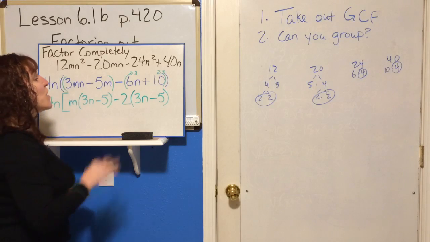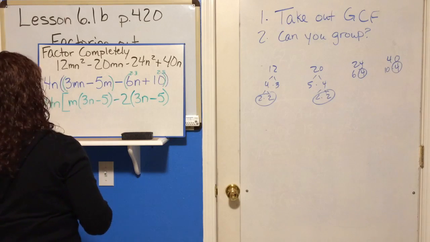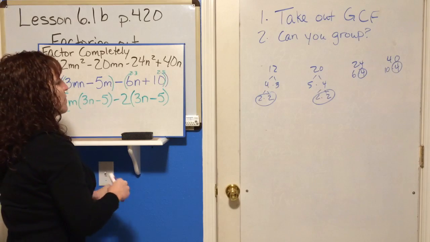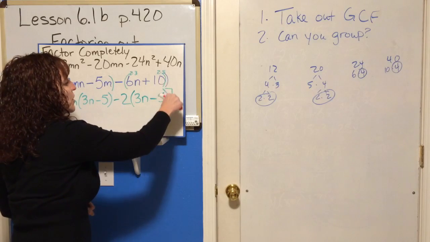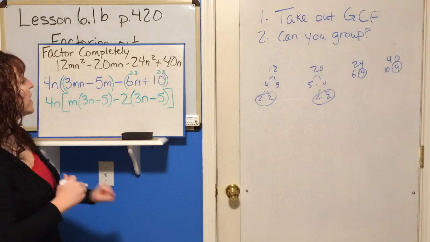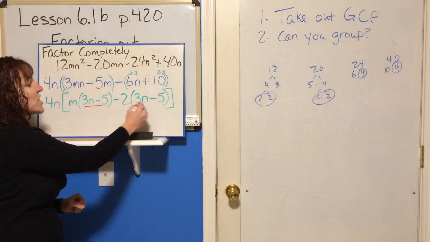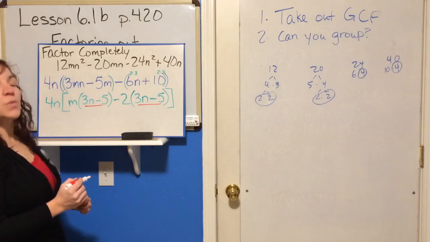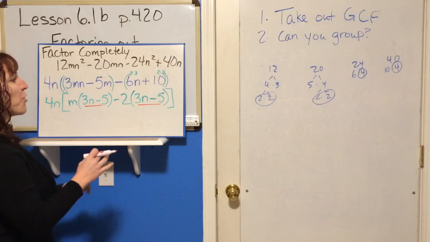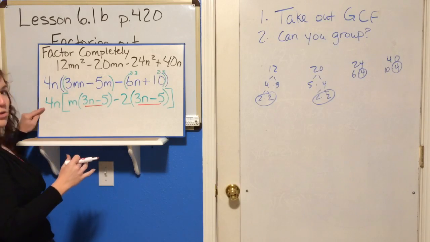All right, so now the last step is to look to see, oops, I didn't close my brackets. Got to keep them all neat and tidy, don't you know? All right, so the last thing is to look and see, oh, looky here. This 3n minus 5 matches this 3n minus 5. So because they match, you can pull them out. So be careful. Don't lose that 4n.